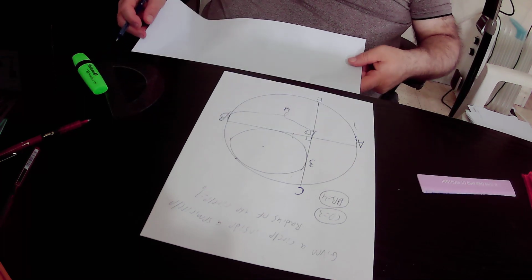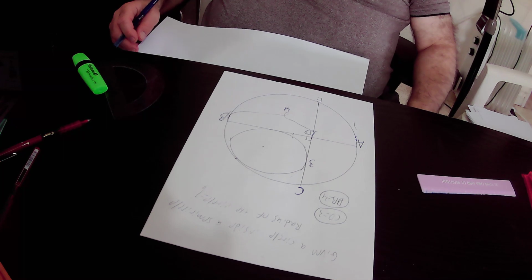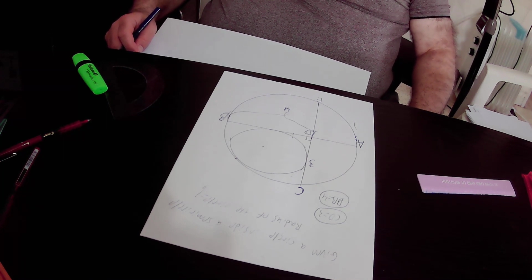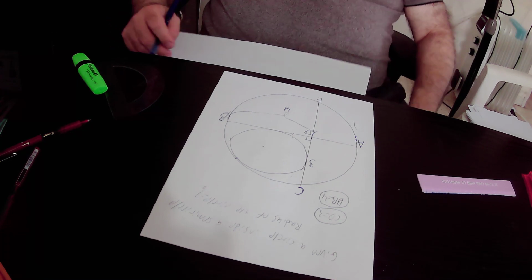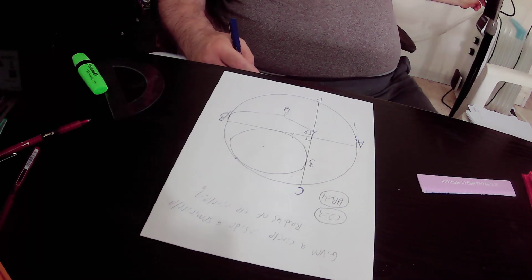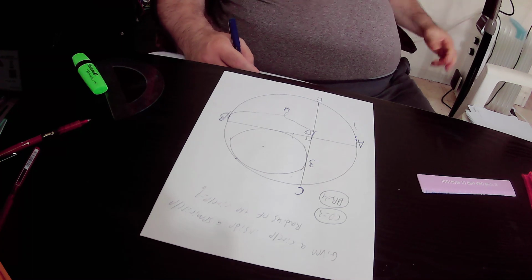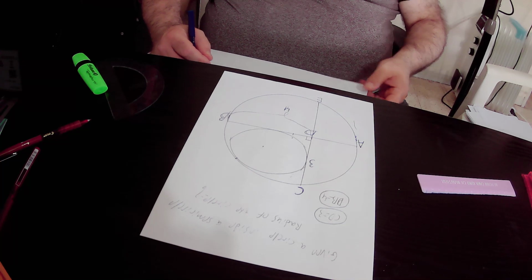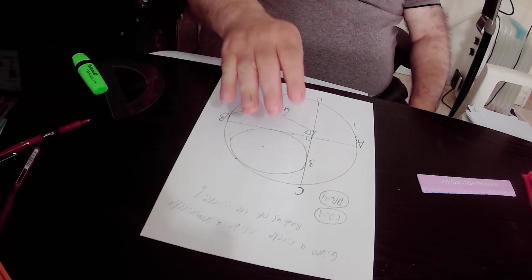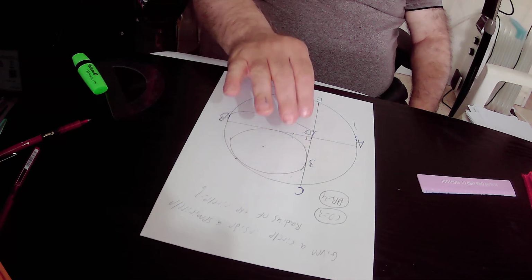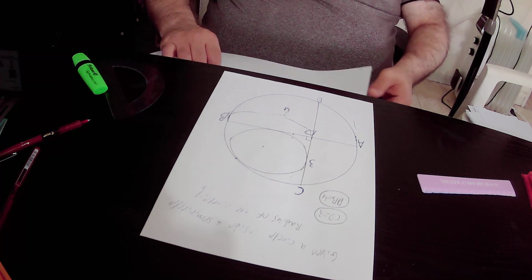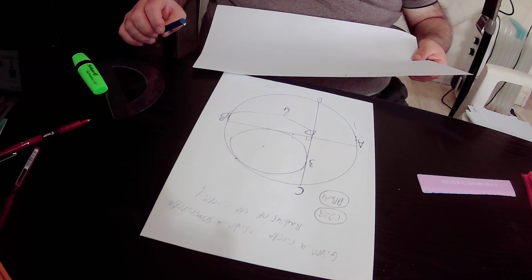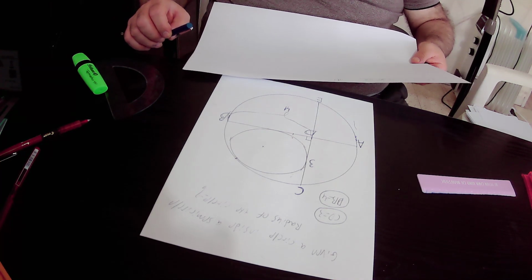And we know that the sum of the angles on one side of a straight line is equal to 180 degrees. So if we focus on this side of the straight line CE at point D, then the sum of the angles must be equal to 180 degrees, according to the rule that the sum of the angles on one side of a straight line is equal to 180 degrees.